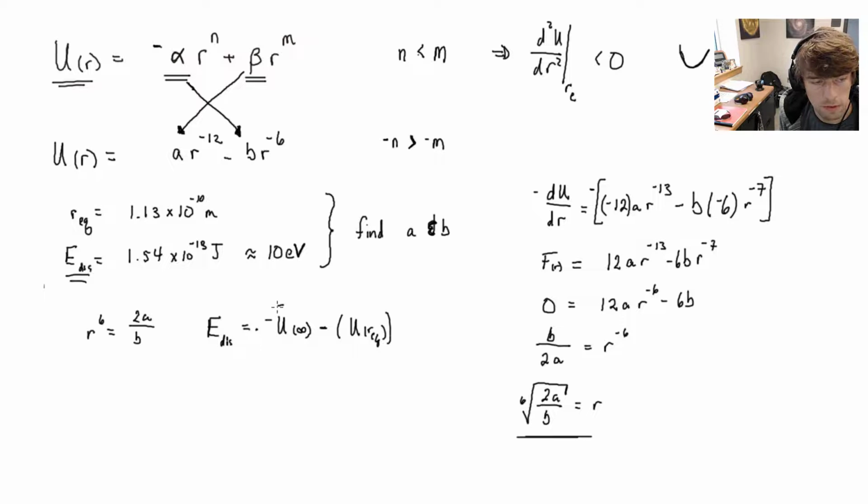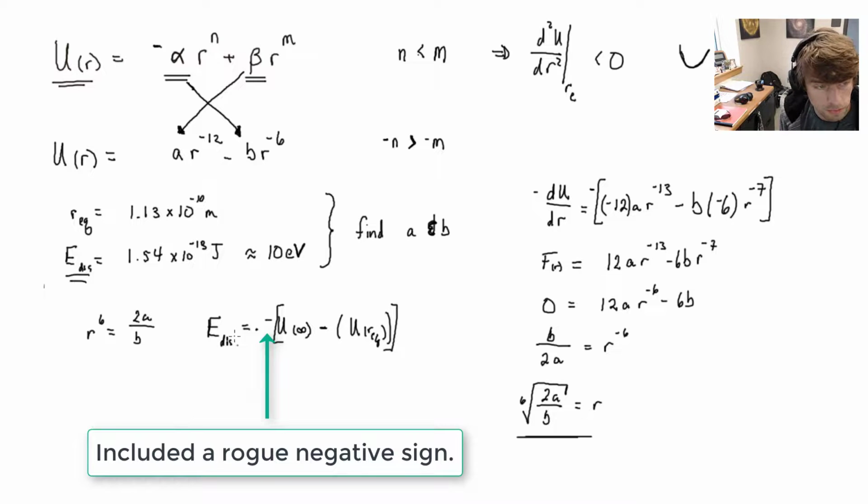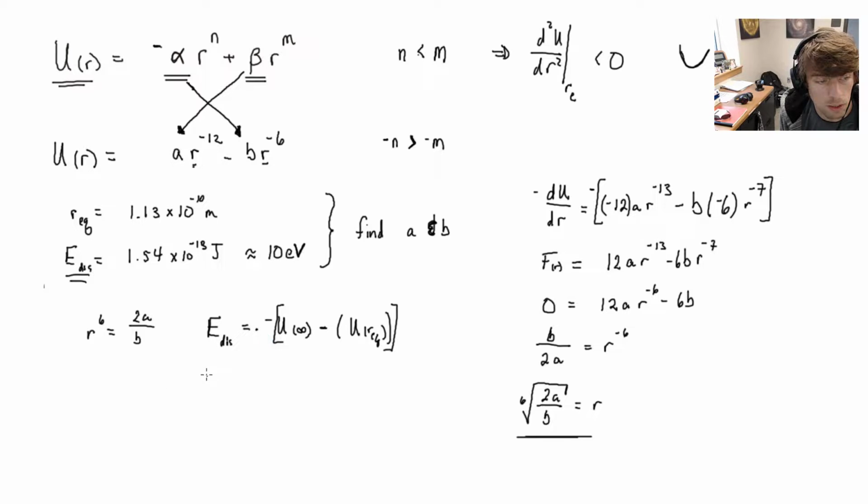Of course, the upshot is that if I make r infinity, the potential energy becomes 0. So the dissociation energy is equal to the negative of the potential energy evaluated at r equilibrium, which is pretty nice.